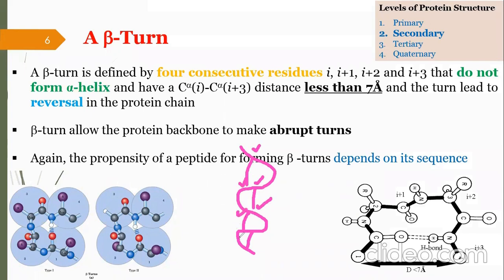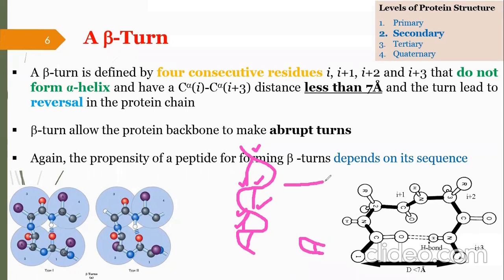So they are interacting with one another, making like this structure. And if a sequence is like this, so they are interacting like I and I plus 3. So that will be an abrupt turn, and this will be a like loose structure like that.